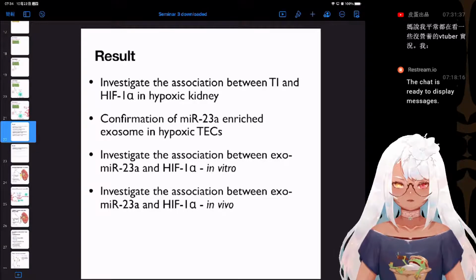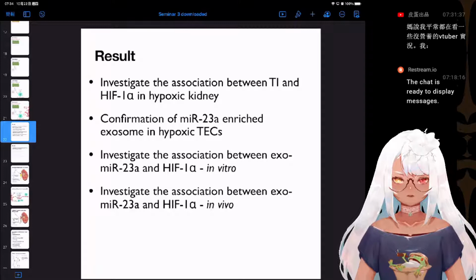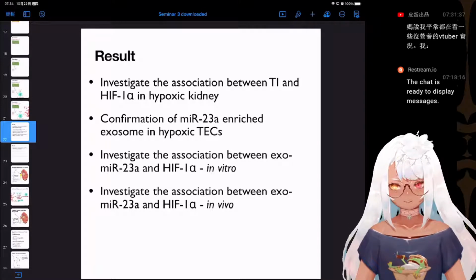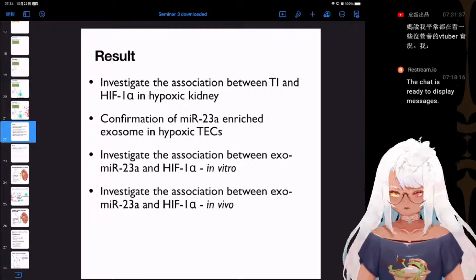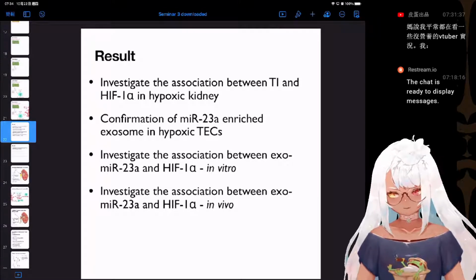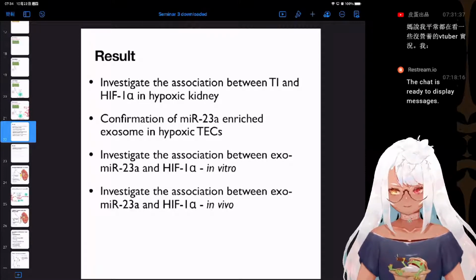So first of all, in this study, the authors want to examine the injury model and confirm the previous findings showing that there is an association between TIN and HIF in hypoxic kidney. After that, they will confirm the existence of miR-23a enriched exosomes in these hypoxic TECs.